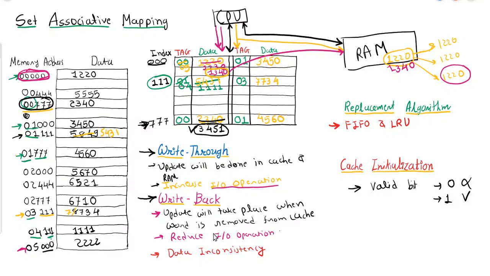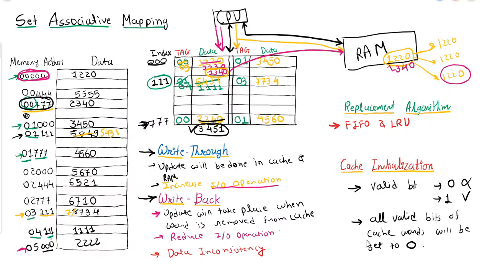So initially, whenever the CPU starts, all the valid bits of cache words will be set to 0.